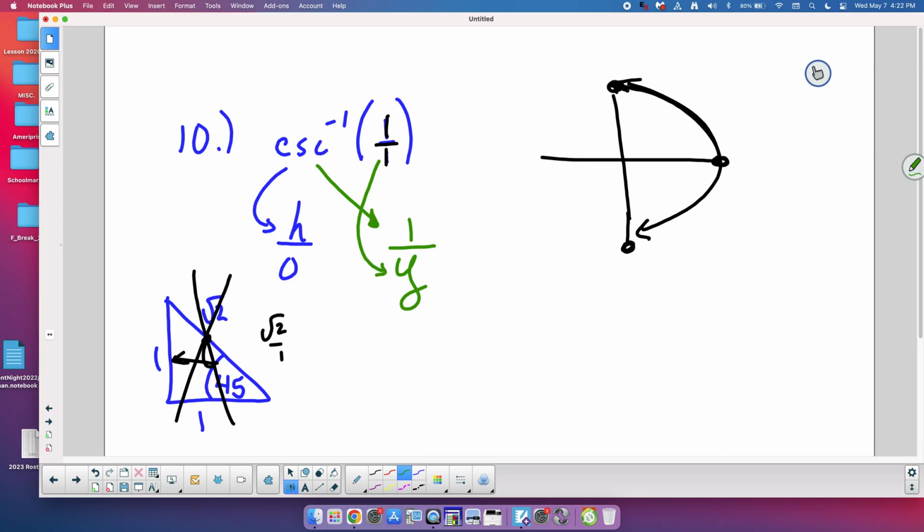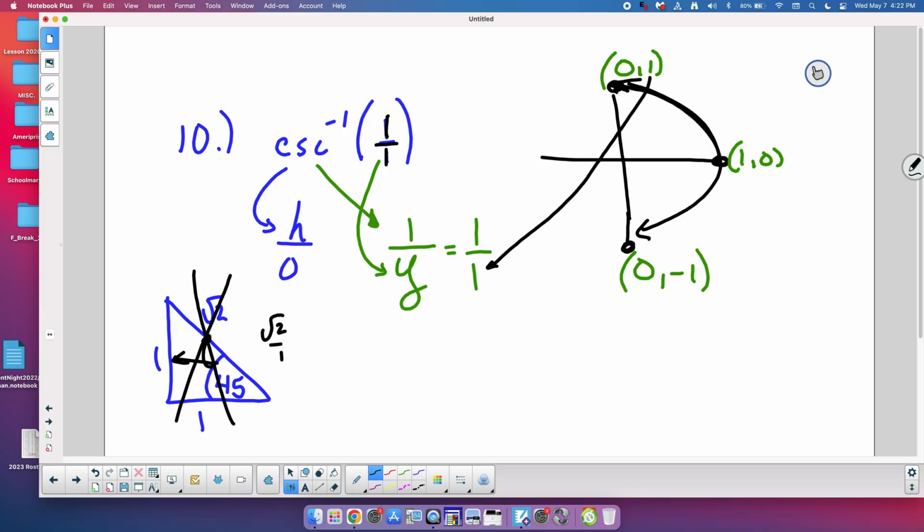So you're going to need the y value to be 1. Well, which one has a 1 for y? This one has 1, 0. This one has 0, 1. This one has 0, negative 1. Oh, you wanted 1 for y? There it is right there. So it looks like to me it's 90 degrees or pi over 2. Okay. Hopefully that made sense.